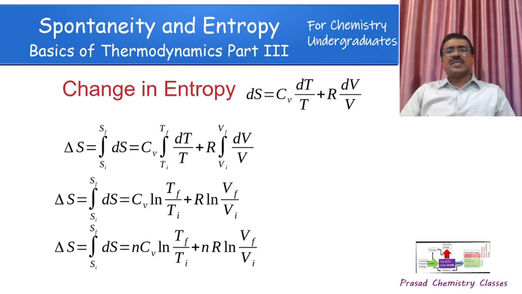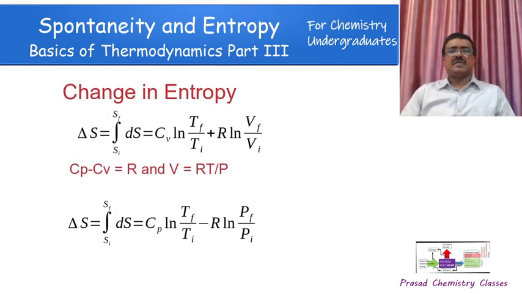And if you do the integration, it will be Cv log Tf by Ti plus R log Vf by Vi. For n moles, you multiply it by n. That's it.